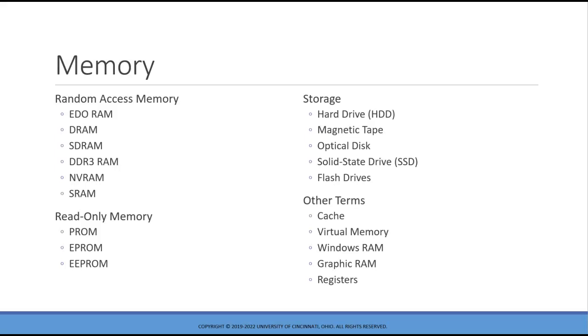Thumb drives, USB drives, jump drive, pocket drive, pen drive, disk on a key, memory stick, USB key, data stick, and finger stick. Lots of names for the same thing. In addition, there's special purpose memory such as cache, virtual memory, Windows RAM, graphic RAM, registers, and many more.